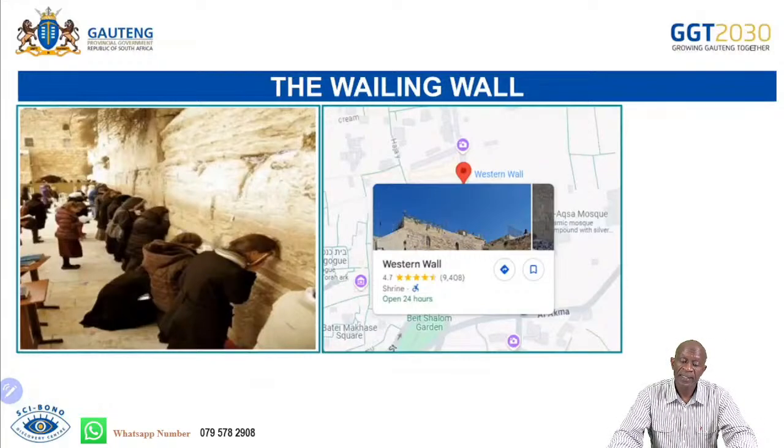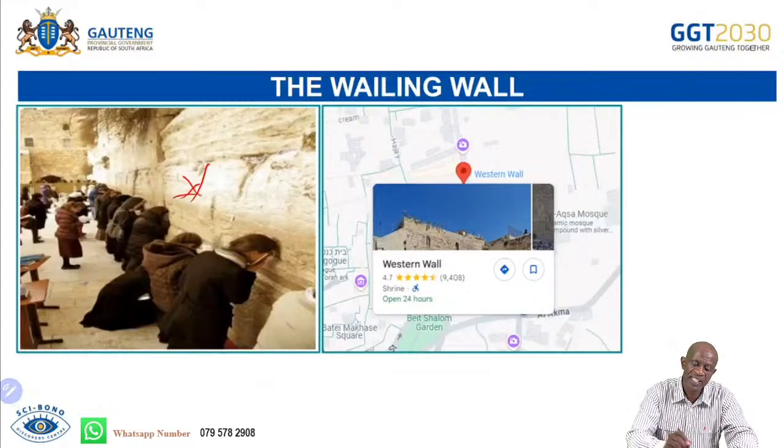Right. The next icon is the Wailing Wall. The Wailing Wall has this as its famous picture, as you can see here, and another picture.